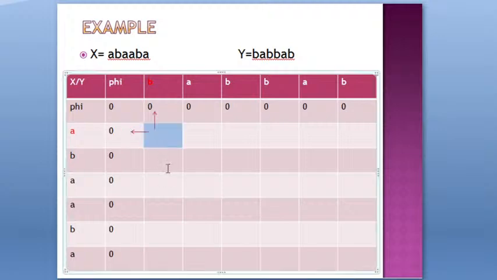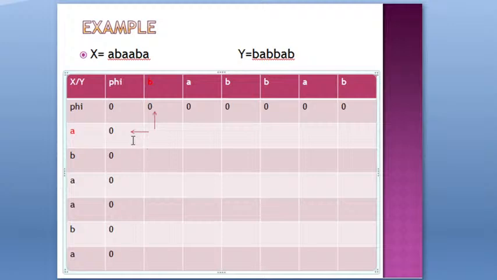So according to this particular cell, what value am I going to put? I am going to put the maximum value of the previous row and previous column.